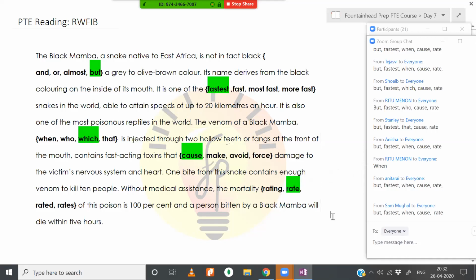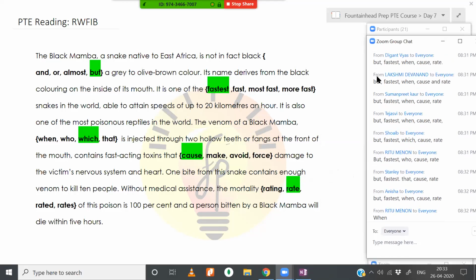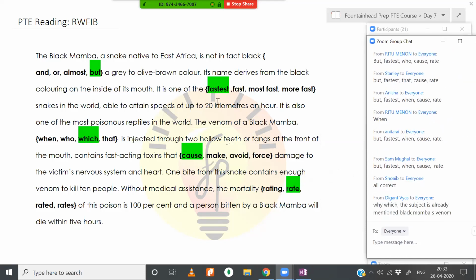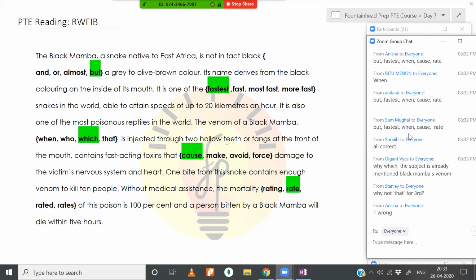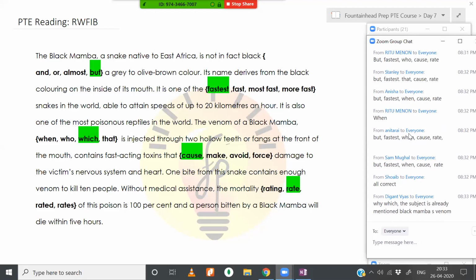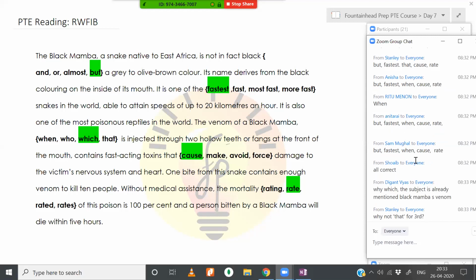I think almost all of you got the first one correct. Any question here? Any doubt with regards to fastest? Yes, we will go step by step. Almost all of you got fastest right.